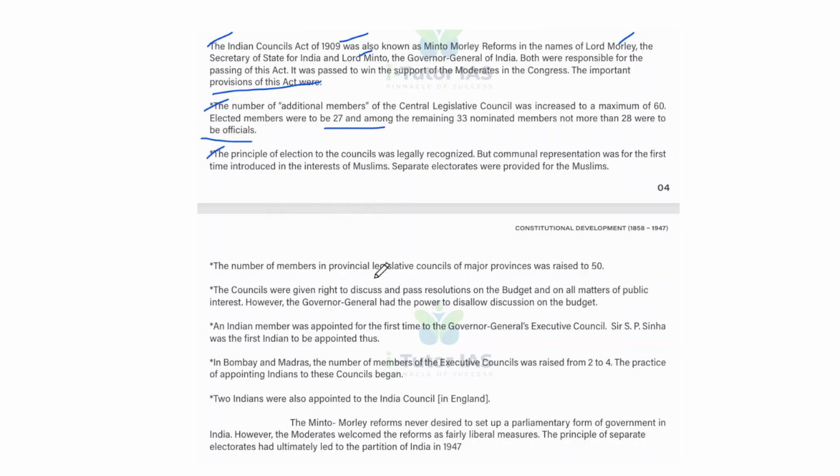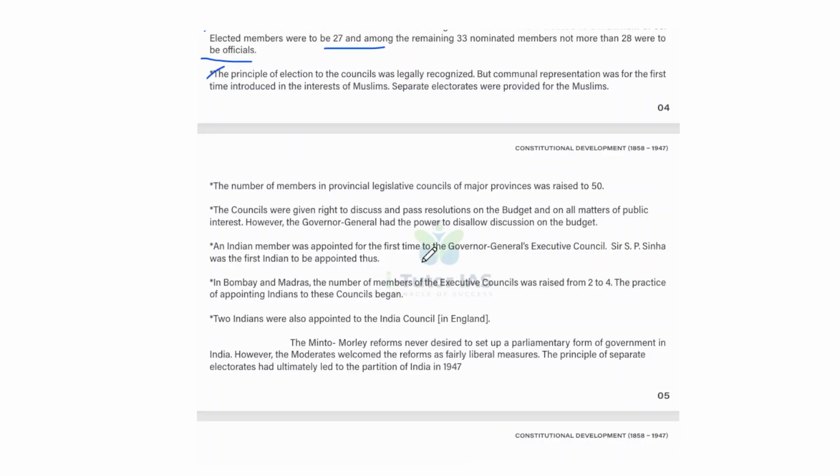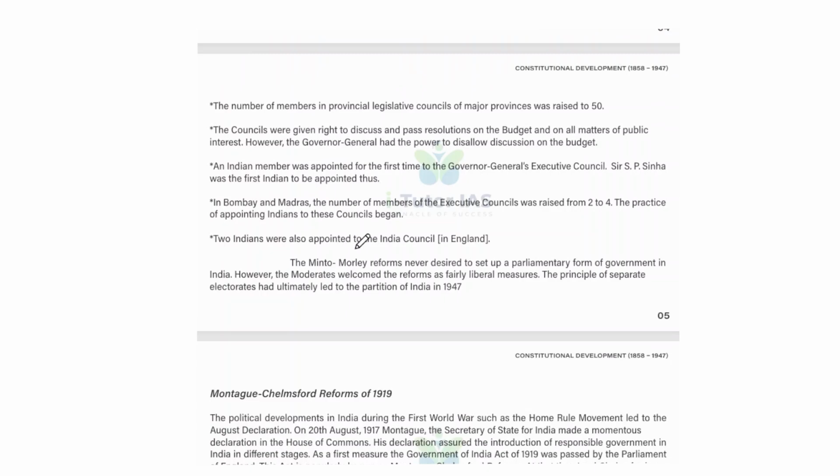The principle of election to the councils was legally recognized, but communal representation was for the first time introduced in the interest of Muslims, and separate electorates were provided for the Muslims. The number of members in the provincial legislative councils of major provinces was raised to 50, and the councils were given the right to discuss and pass resolutions on the budget and on all matters of public interest. However, the Governor General had the power to disallow discussion on the budget.